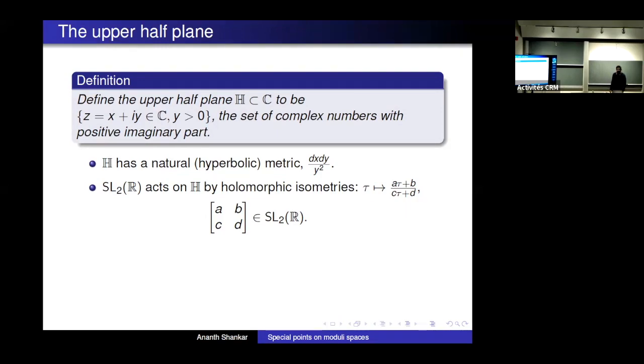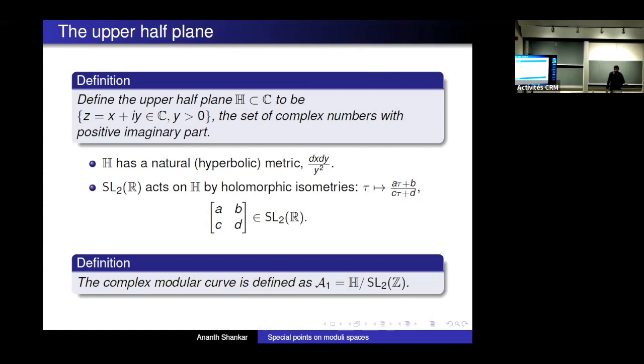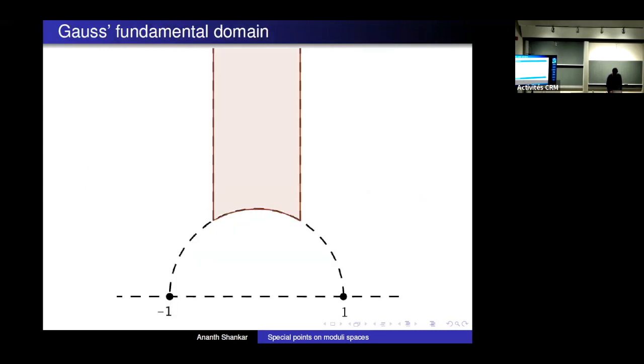Now your ABCD is not just a matrix with Z coefficients, it's a matrix with R coefficients, and it's the same action. The complex modular curve is defined to be the quotient of the upper half plane by SL2Z. This action has a very nice so-called fundamental domain, which was described by Gauss, and that's what it looks like.